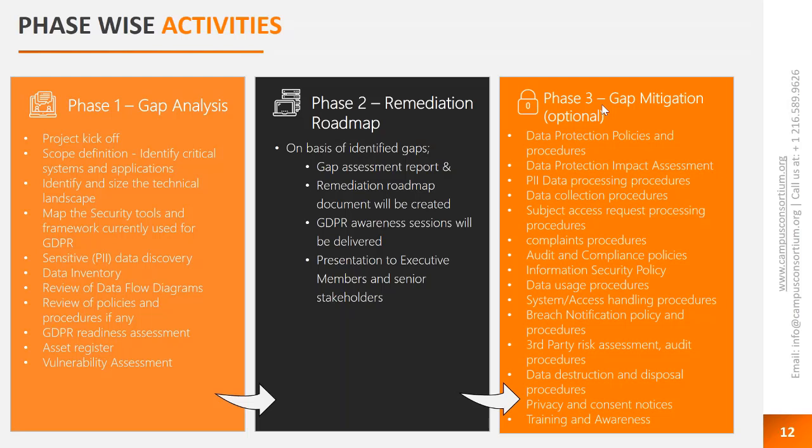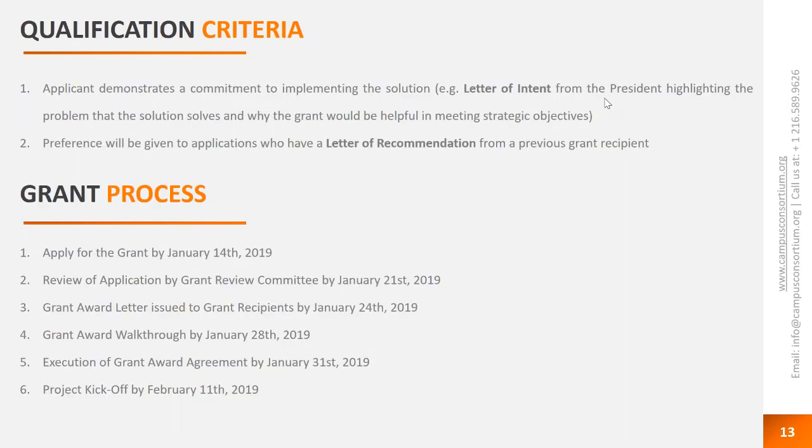From a process standpoint, we're really looking for an application that you can download from the Campus Consortium's website to be filled in. We would love to see a previous recommendation from a grant recipient in the GDPR. It doesn't have to be GDPR, but we don't want people who are just applying for every grant on the internet.